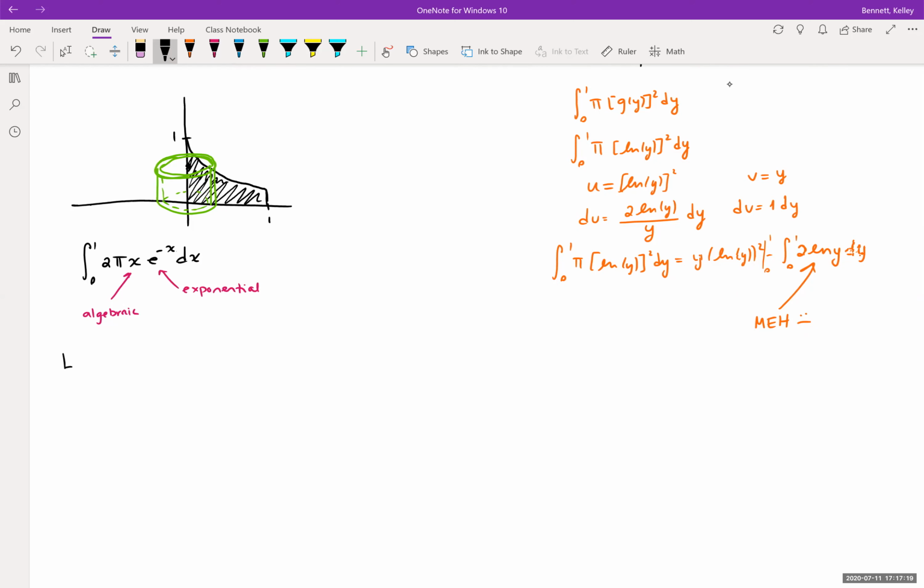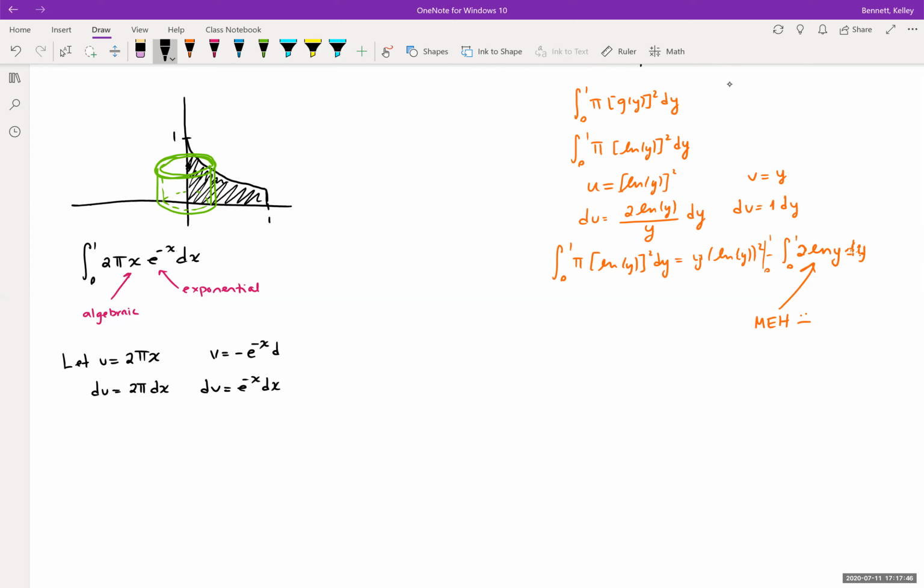I'm going to go ahead and let u equal 2 pi x, so that du becomes 2 pi dx. And also dv being e to the negative x is super easy to integrate. We just get that v equals negative e to the negative x.